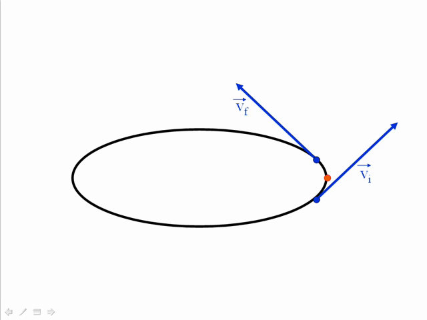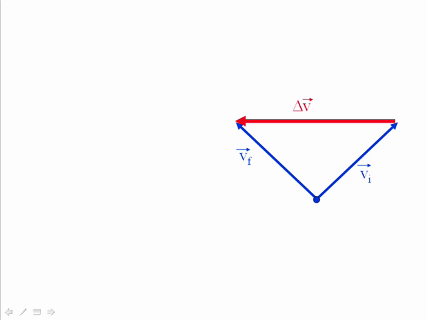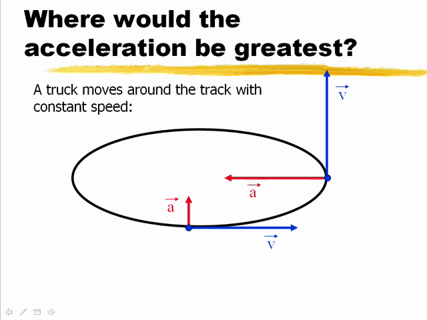And when I look for the difference between the two, the change, what I find is that I have to add a very large vector to the initial vector to turn it into the final vector. That change is the acceleration at that sharp end of the track. And so we answer the question, the acceleration is much greater at the hairpin turn, where the velocity vector is changing its direction significantly each second that goes by.